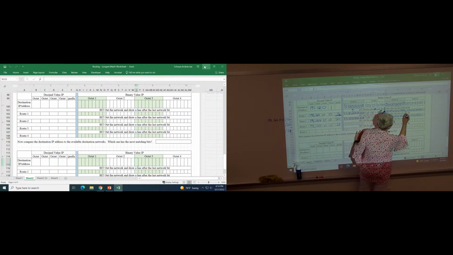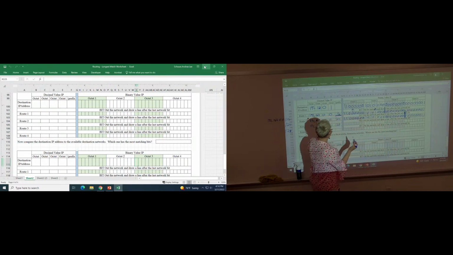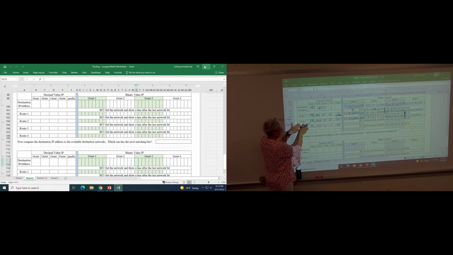Right, so right here. So do I even care about these host bits? Don't care about them. So now, is that a match? We're looking to see if everything matches in the third octet. So what does that tell me about this route statement? That's a match. Okay, so if I have 16 bits or 24 bits, which one is better? 24.